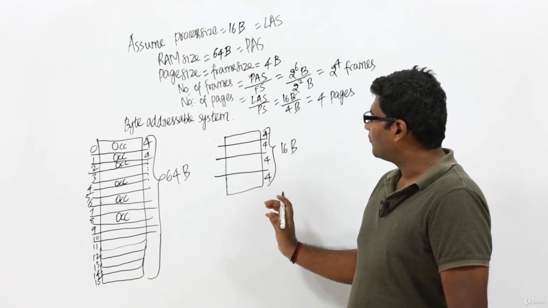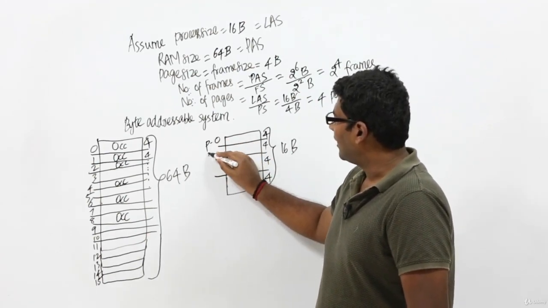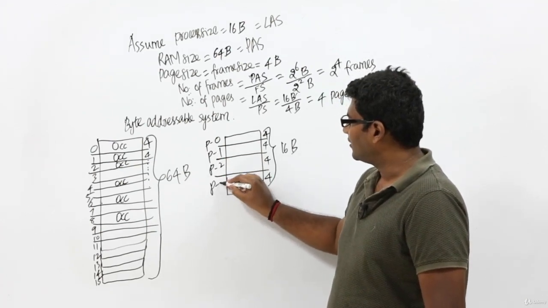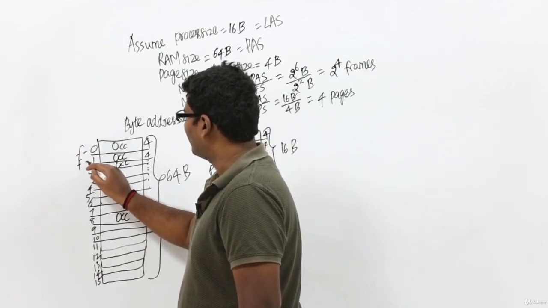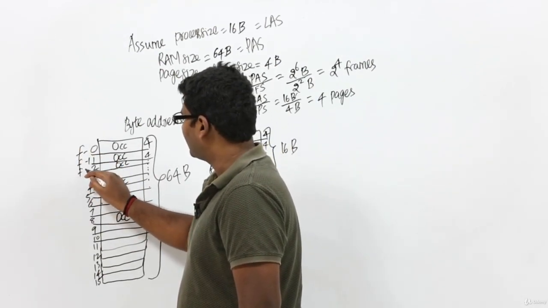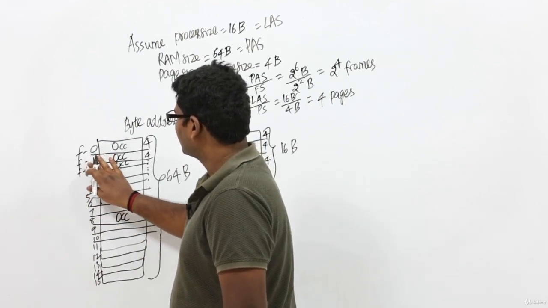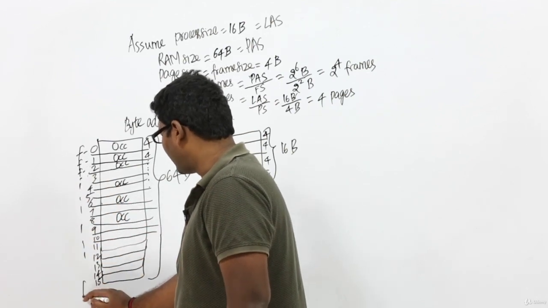Let us assume this is page number 0, this is page 1, page 2 and page 3. Similarly, this is frame 0, frame 1, frame 2 and so on, and this is frame number 15.